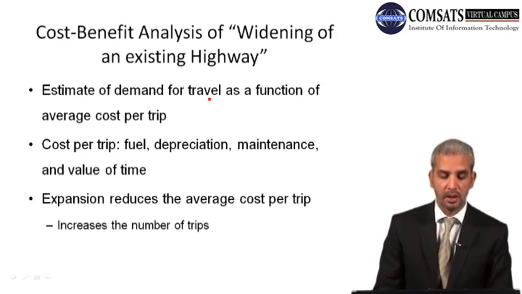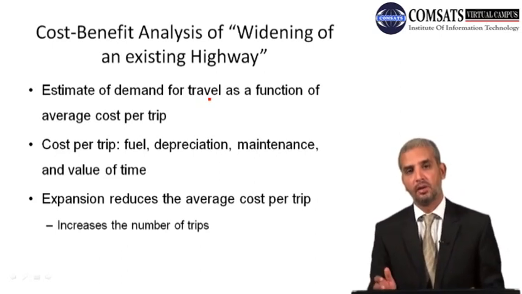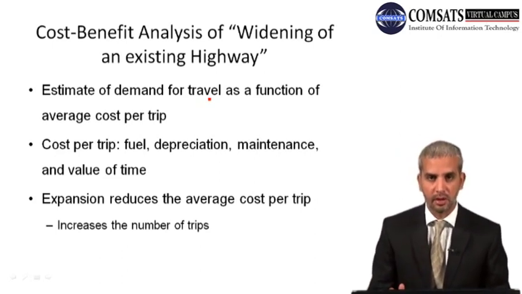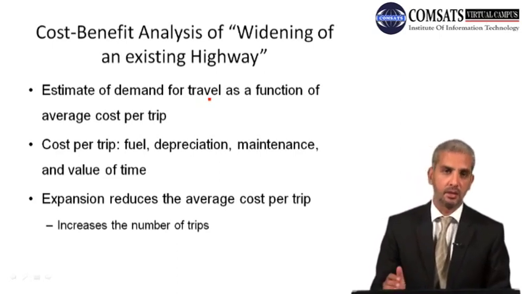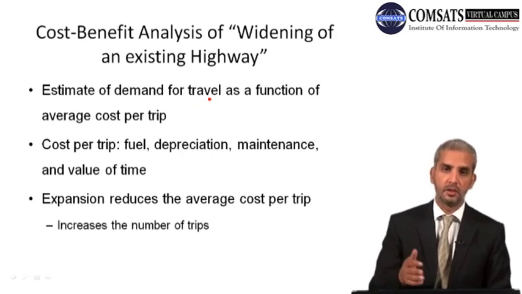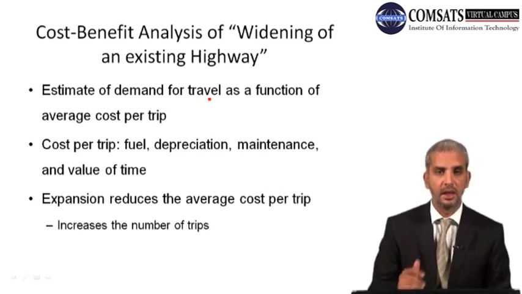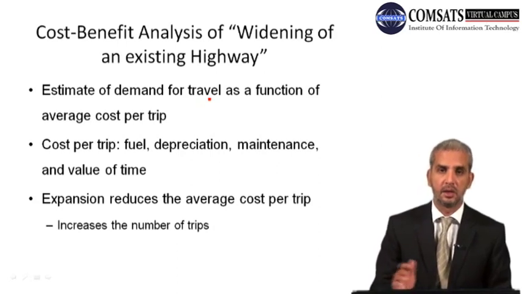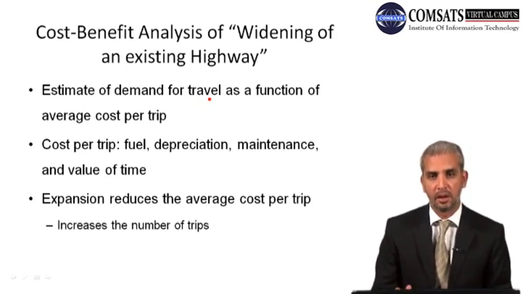The expansion of the highway would reduce the cost of each trip, because the traffic flow would be increased, and that would result in benefits to those individuals who are already traveling on that road. Their cost of trip is reduced, specifically in terms of the value of time that they would save, and free flow traffic would cost them less fuel, and there would be less vehicle depreciation.